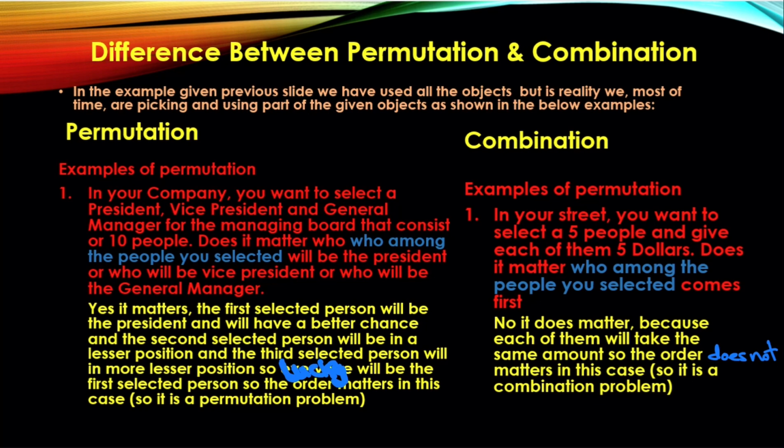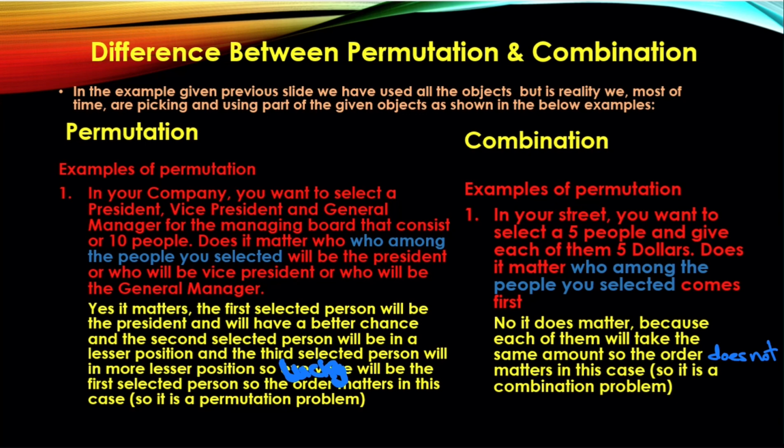Secondly will be vice president, and lastly will be the general manager. Okay. So the order here does matter. So it is a permutation problem.